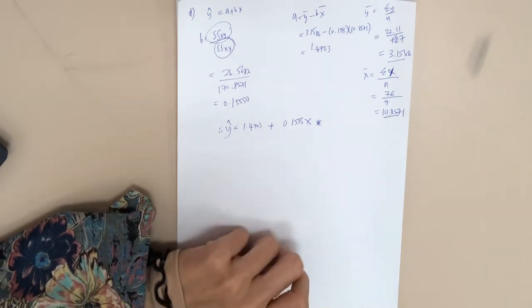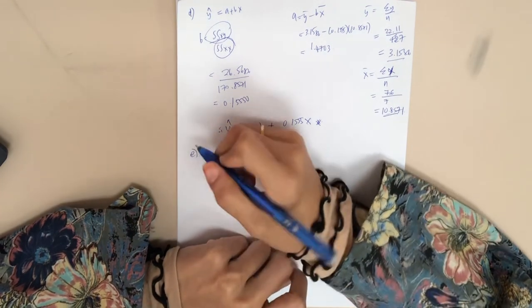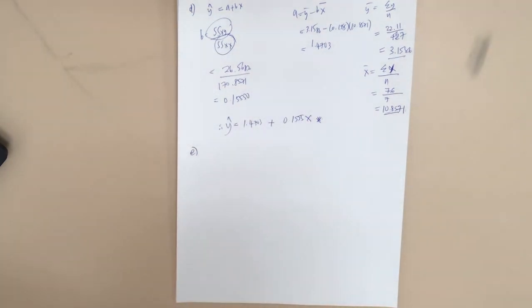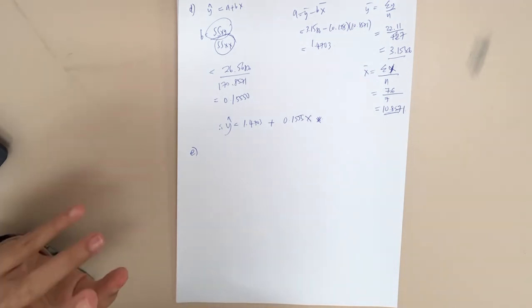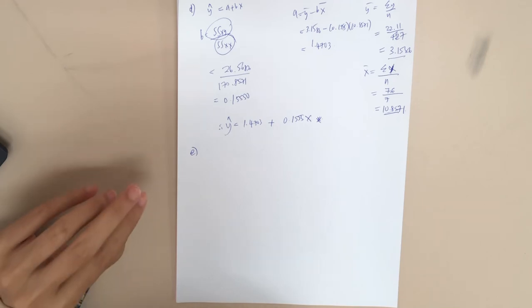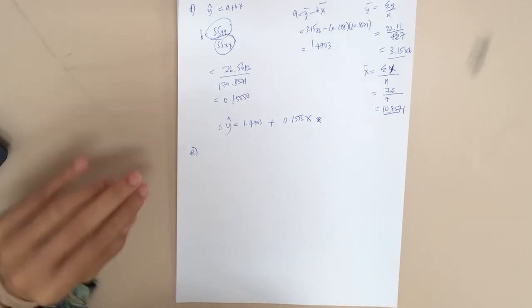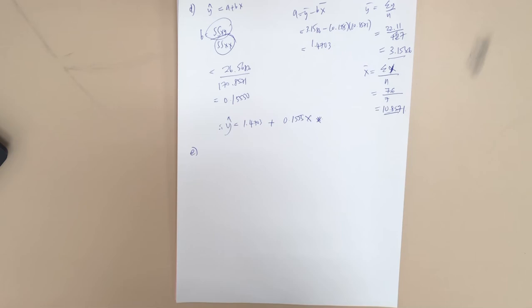Alright, next. E. Now it comes to interpret the value of A and B. Calculate B. Okay, class. So again, like I suggested before, you just use the same template. You may refer back to example 9.4. So use the same template as the answer in B. So the value of A and so on.